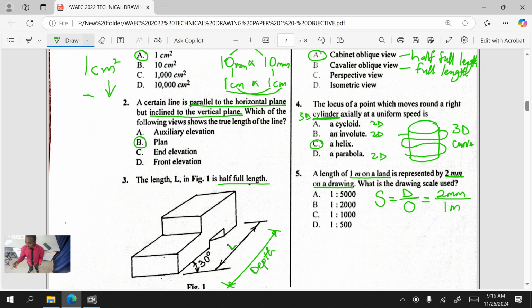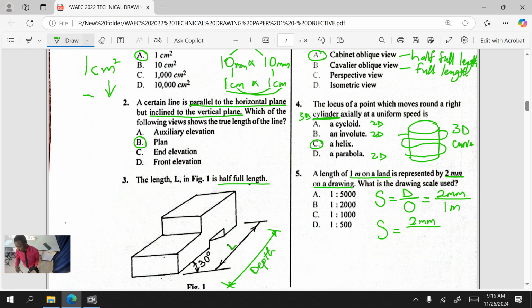So to get the scale, we need to convert. The two of them should be in the same unit. You can convert them both to meters or both to millimeters, depending on the one that is easier for you. But the easiest is just to convert to millimeters, since millimeter is the smaller dimension.